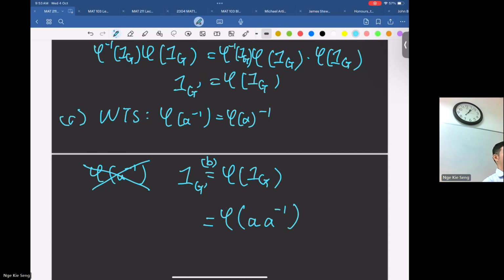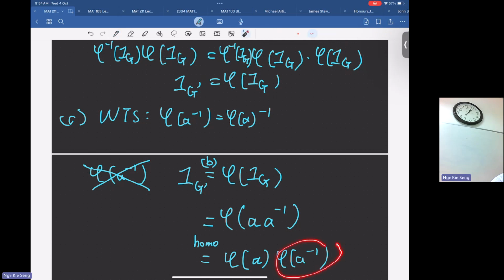I split it up because this is a homomorphism. And then what does this mean? Phi of A inverse is the thing that left-multiplies phi A to give identity. So this is the left inverse.